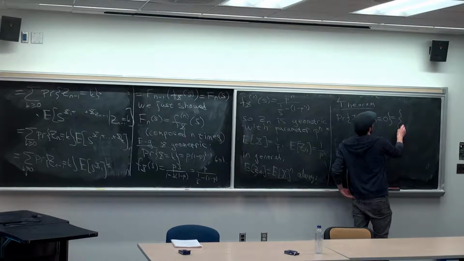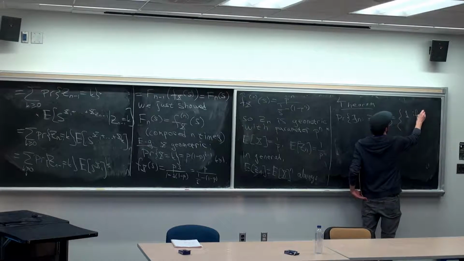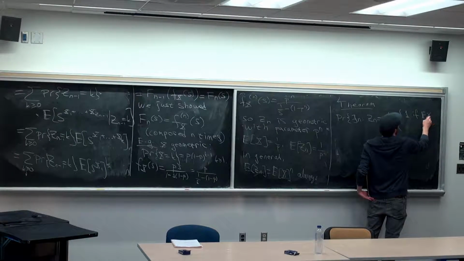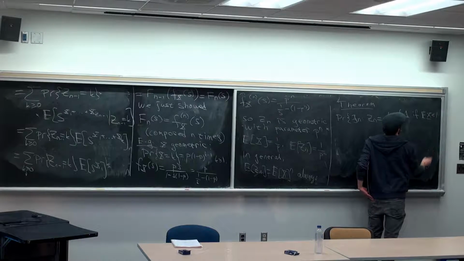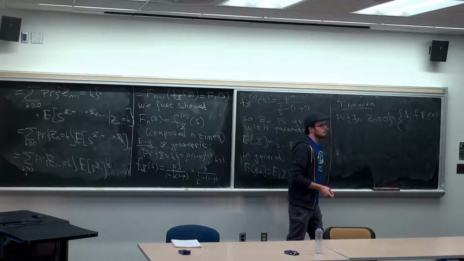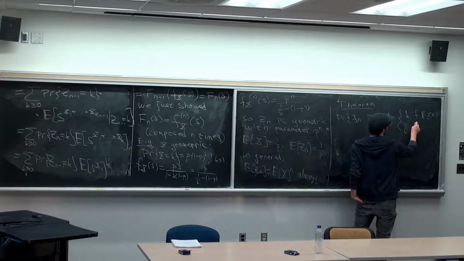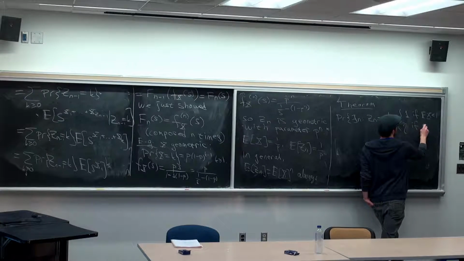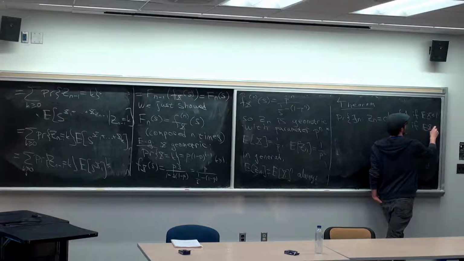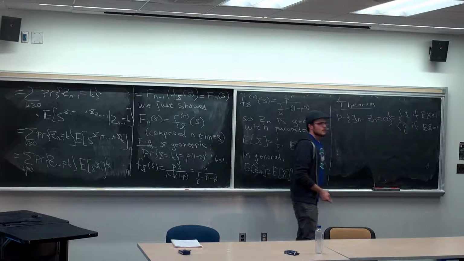This is 1 if the expected number of offspring is 1 per individual or less, and it's eta if it's bigger than that. We all know what eta is.